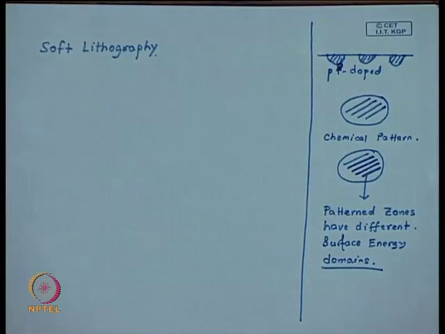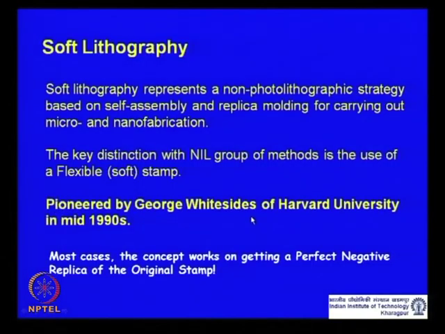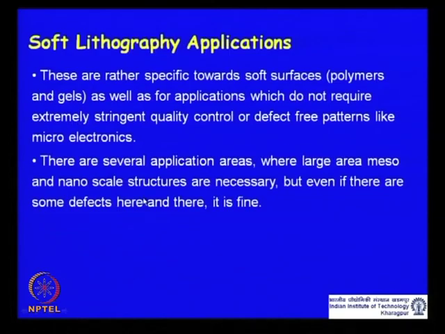So, soft lithography essentially was pioneered by George Whitesides' group at Harvard in the mid 90s, and these are rather specific towards soft surfaces, polymers and gels, as well as for applications which do not require extremely stringent quality control, or the requirement of defect free patterns is not as high as in microelectronics.